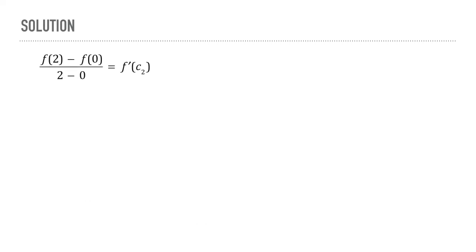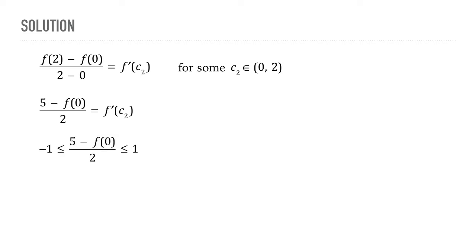Now in the same way, applying the mean value theorem to the interval from 0 to 2, we find that there must be a point C2 belonging to the interval (0, 2), where the mean value theorem is satisfied. And plugging in the value of f(2), we get this equation. Now once again, the derivative is between +1 and -1, so we get this inequality.